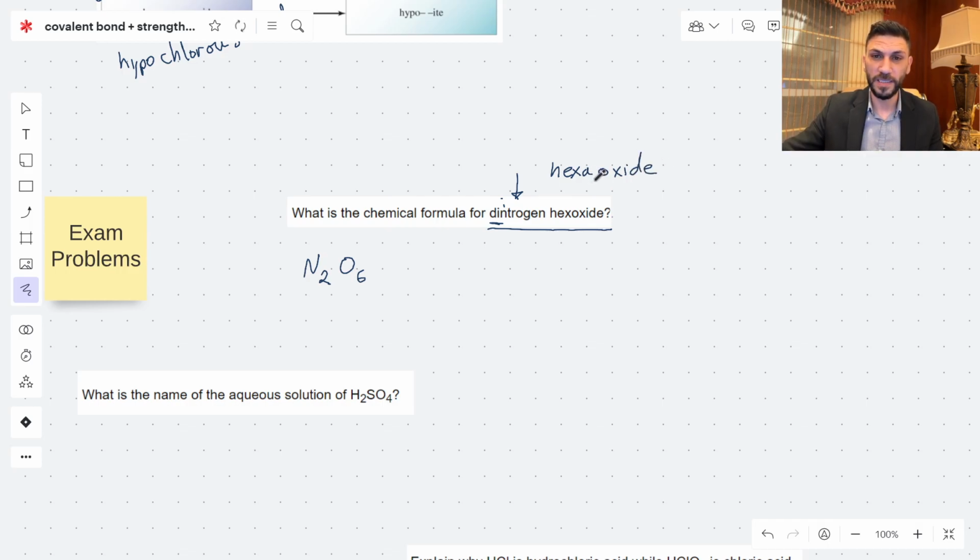But the rule says, this is also an exception with the oxide, because we have A here and O here, so we're going to remove the A. Another exception, if we have, for example, monoxide, we don't write double O. We write only one O for the oxygen, and we remove the O for the mono. All right, so the chemical formula for the dinitrogen hexoxide is going to be N2O6.